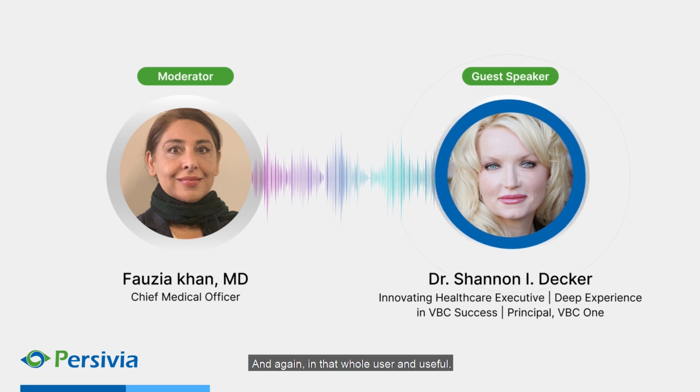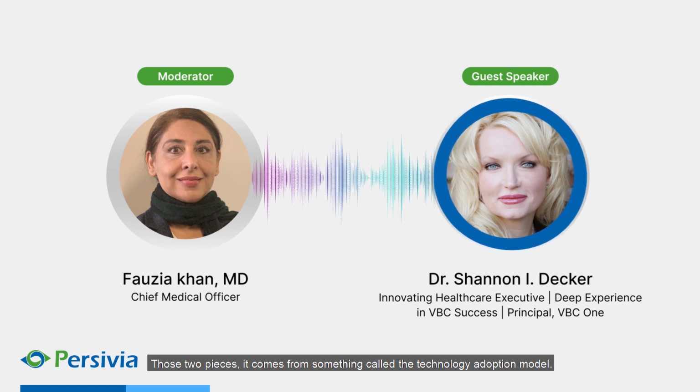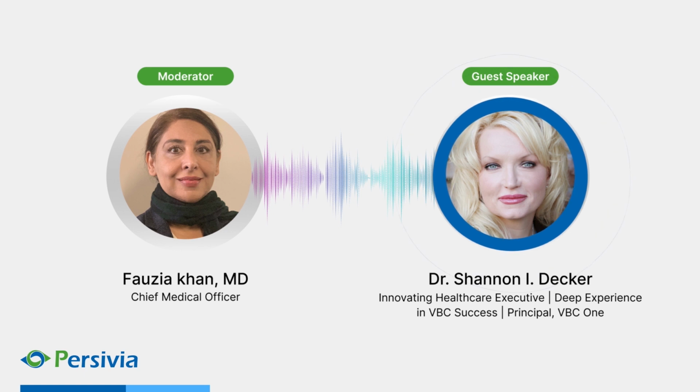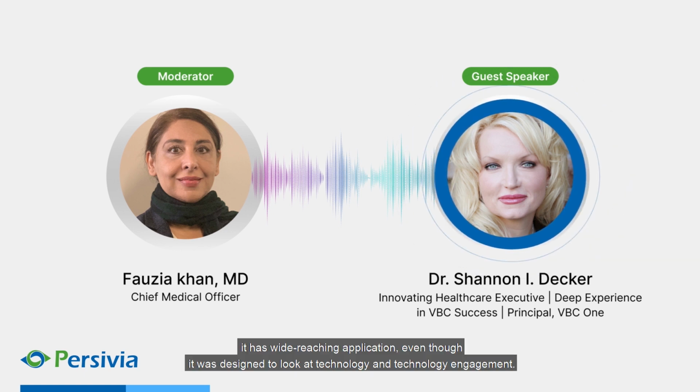And again, in that whole user and useful, those two pieces, it comes from something called the technology adoption model. So it definitely is specific. It has wide-reaching application, even though it was designed to look at technology and technology engagement.